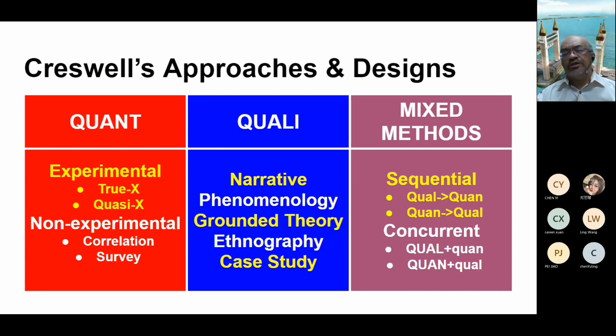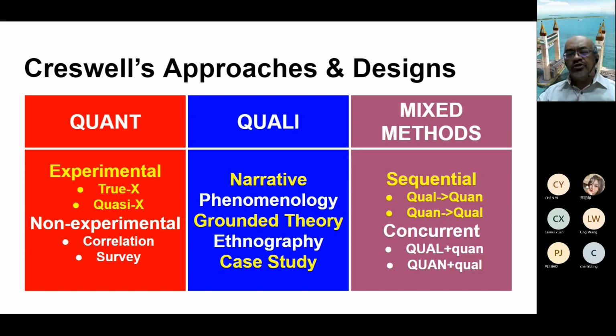Just to give you some ideas about the mixed method: sequential means you do one by one, qualitative first and after that quantitative, or the other way around, quantitative first and after that qualitative.